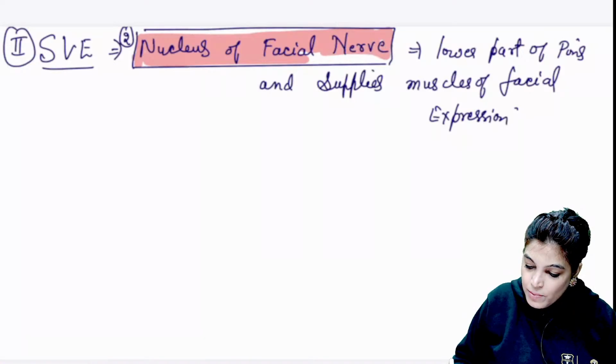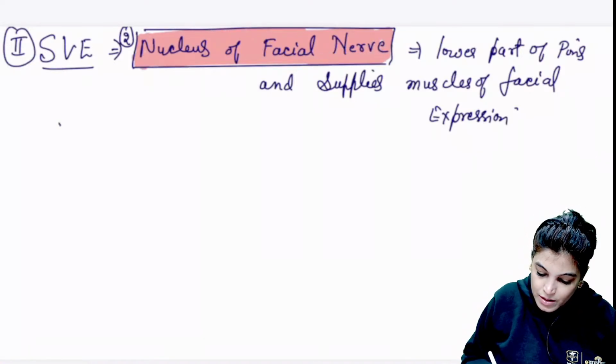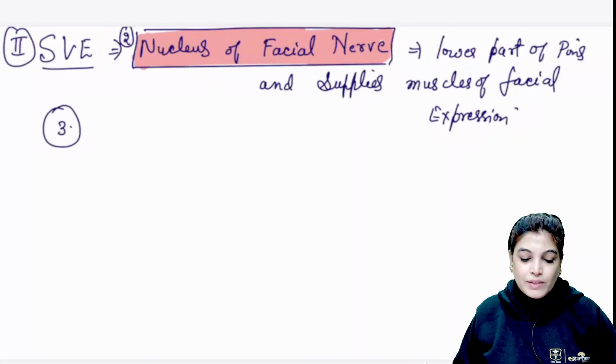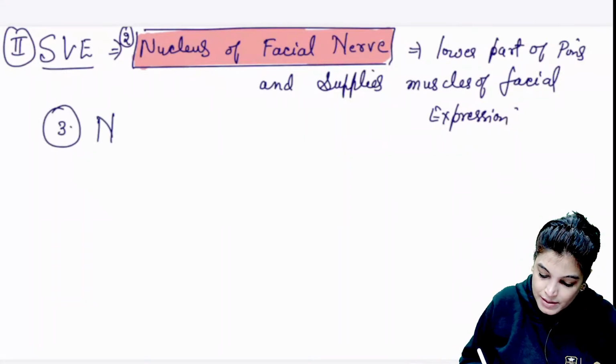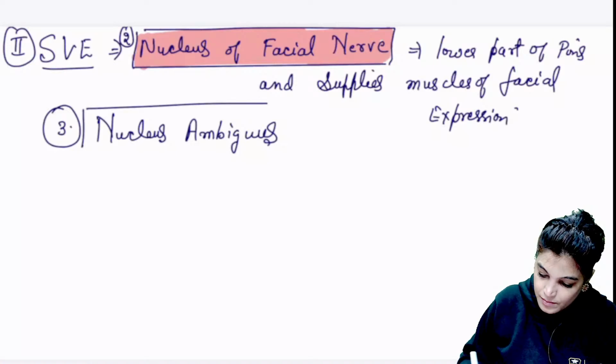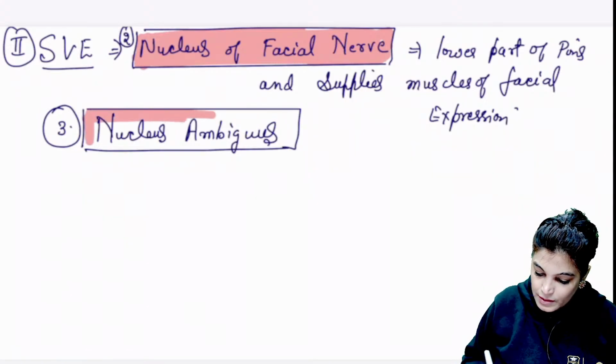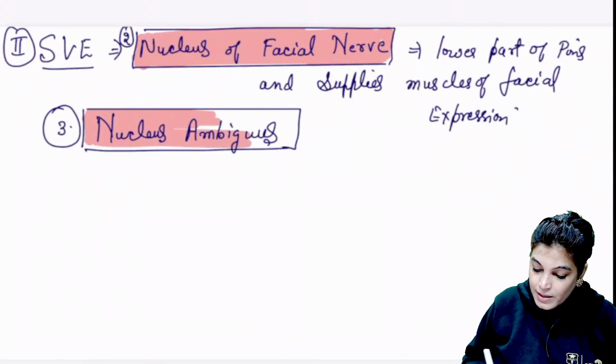I would like everybody to understand the third cranial nerve nucleus of this category, the nucleus ambiguus. Please note down, nucleus ambiguus has a W in its spelling. Why is it called ambiguus?